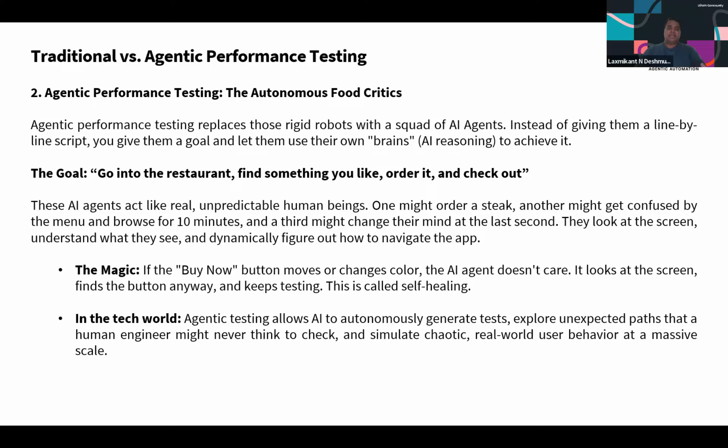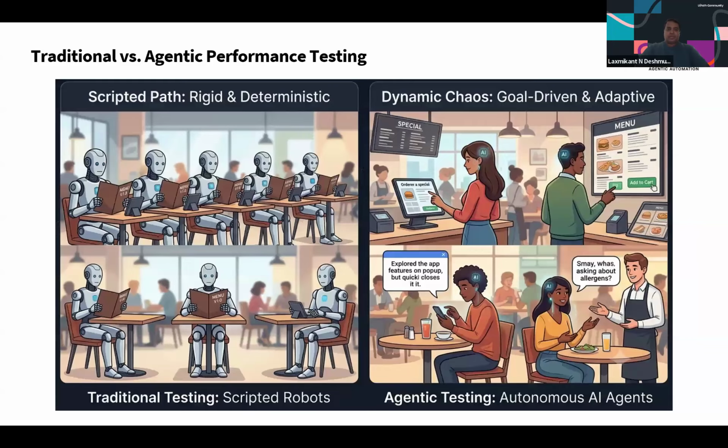The AI agents that we use from the agentic performance testing point of view are also becoming dynamic, and that doesn't stick to the particular script. So in general, if we see what is happening in traditional performance testing, it is a complete scripted path, rigid and very deterministic.